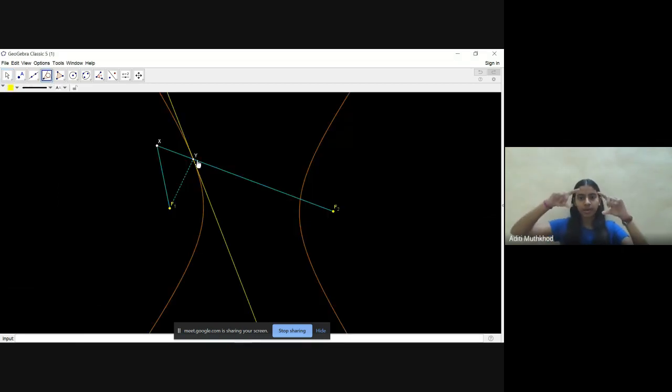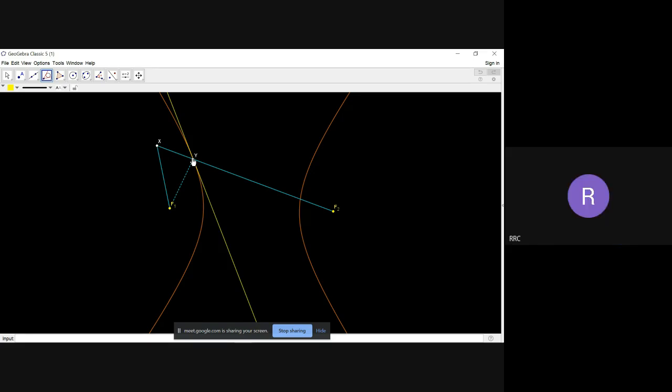So YF2 minus YF1: this Y will move on the hyperbola. If you move Y on the hyperbola, then this length minus this length is going to take many values, and that value will be maximum only at this point.